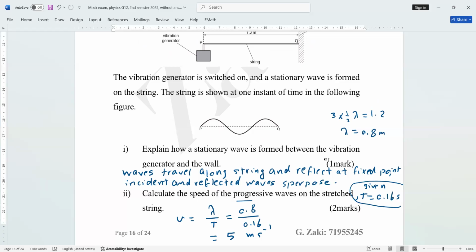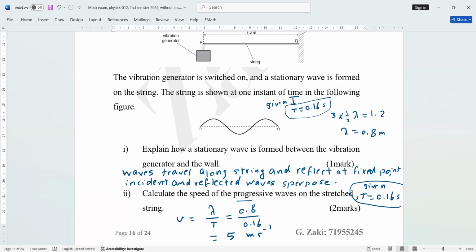The time period is given, but not written in the question: 0.16 seconds. Yes, Osama, how is the wavelength 0.8?